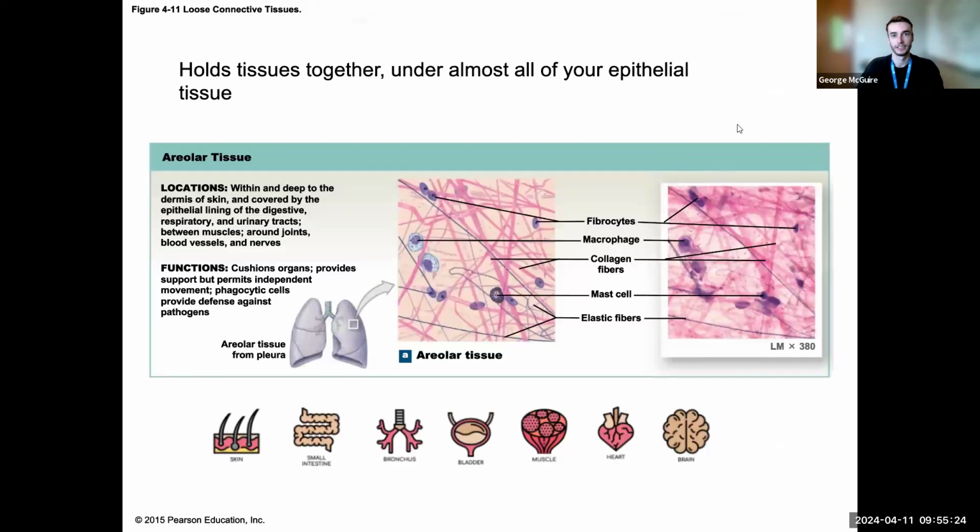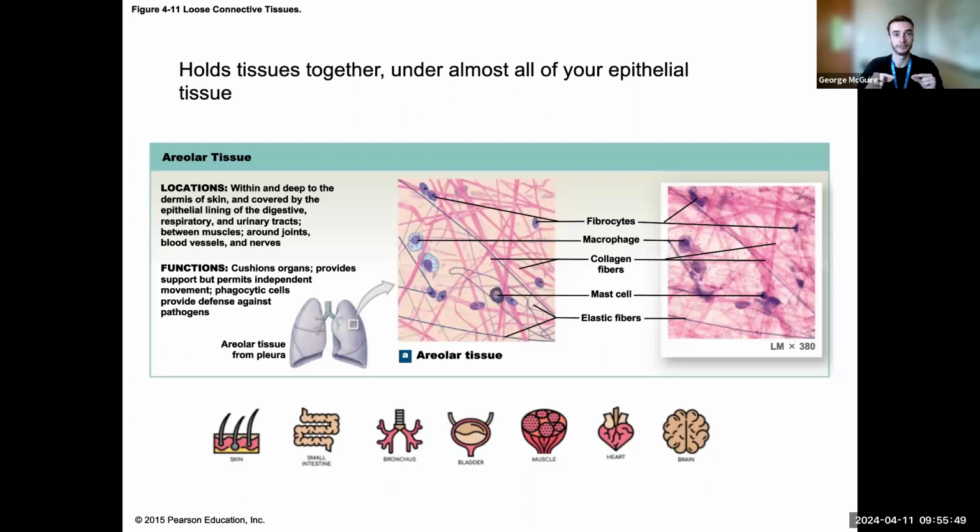Okay. So now looking at loose connective tissues. So we have dense and loose connective tissues as subcategories of our connective tissue proper. And so as the name suggests, this is referring to how loose or dense the protein fibers are in the matrix of that connective tissue proper. So areolar tissue is often found where we need to hold other tissues together.